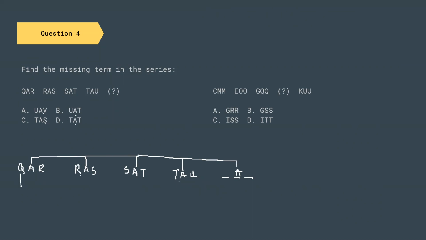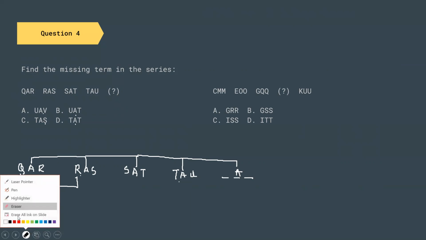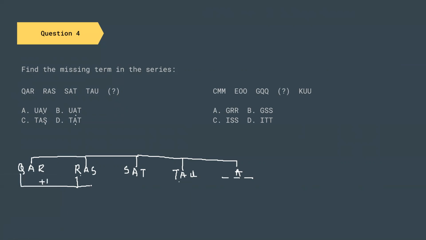Then Q, R, S, T. So Q plus 1 means the next letter of Q, which is R. R plus 1 is S, S plus 1 is T, and T plus 1 will be U. Fine. So we have UA.